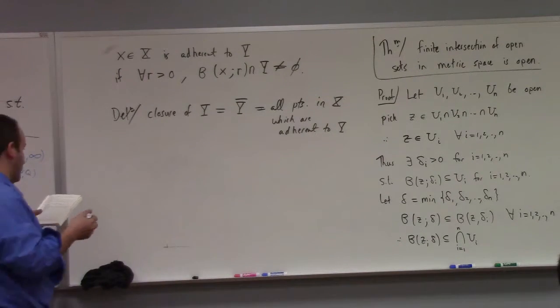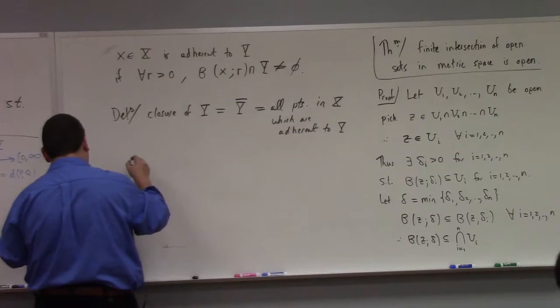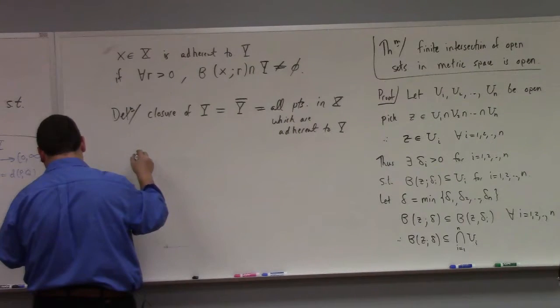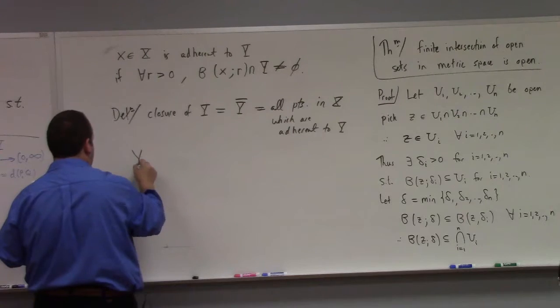He points out, by properties of, well, anyway, you guys tell me, why is Y a subset of the closure?